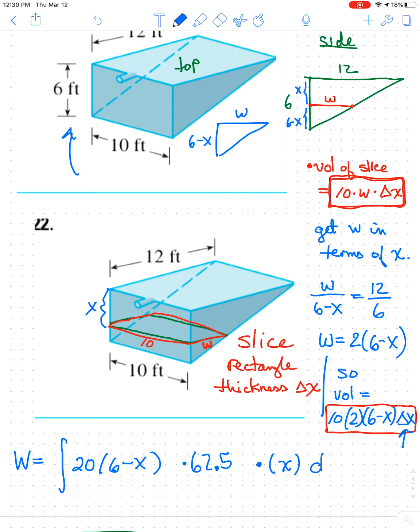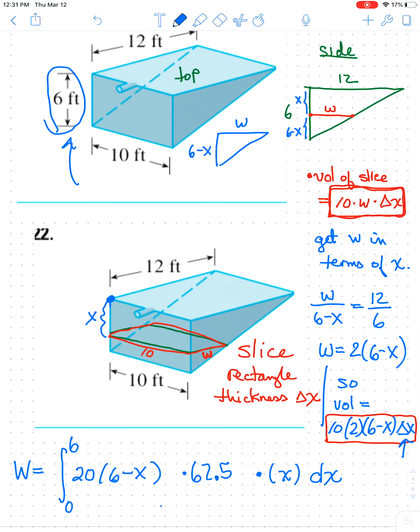That delta x is going to become a dx. And now all we have to do is think about what x is ranging from. So x is the distance from the top. Well, the distance from the top could be 0, or the distance from the top could go all the way down to the bottom. And since this whole thing is 6 feet tall from our original picture, our bounds are going to be 0 to 6.